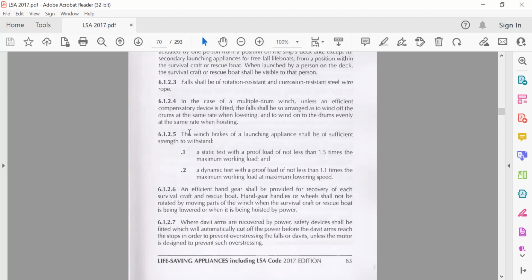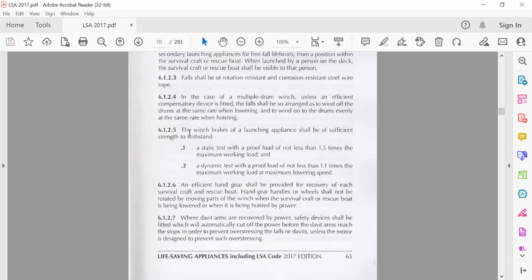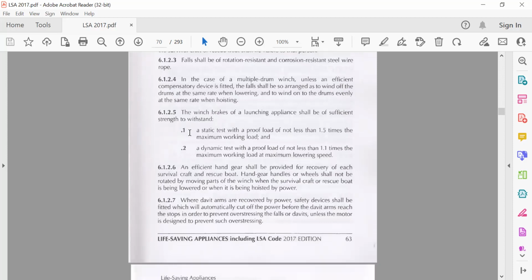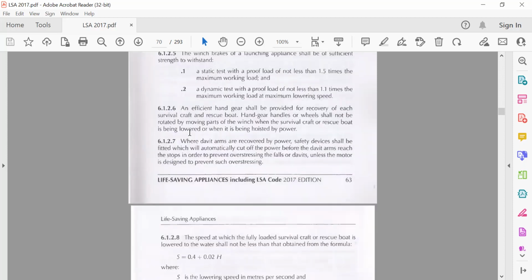Yeah. And there's a place here that I found interesting again. I'll go to 6.1.2.6. An efficient handgear shall be provided for recovery of such survival craft. And now you find it interesting that for a craft of that weight, of that rescue boat or lifeboat, somebody is saying that we should use handgear.